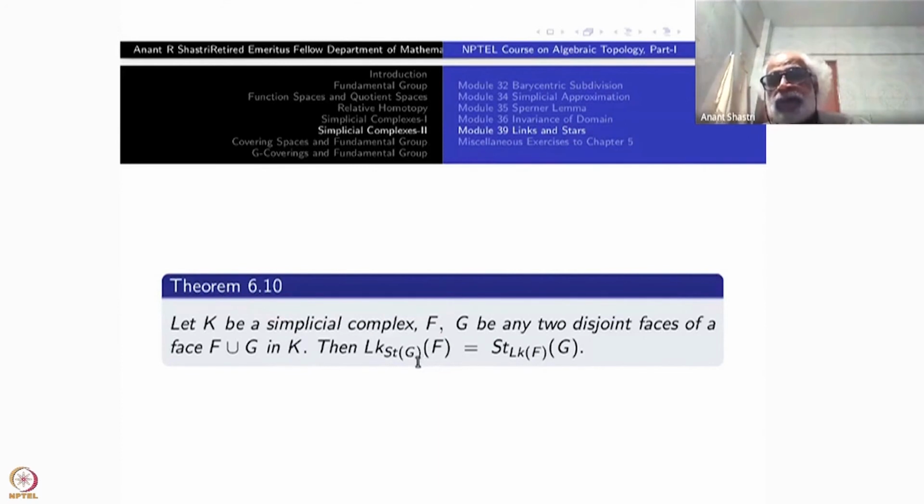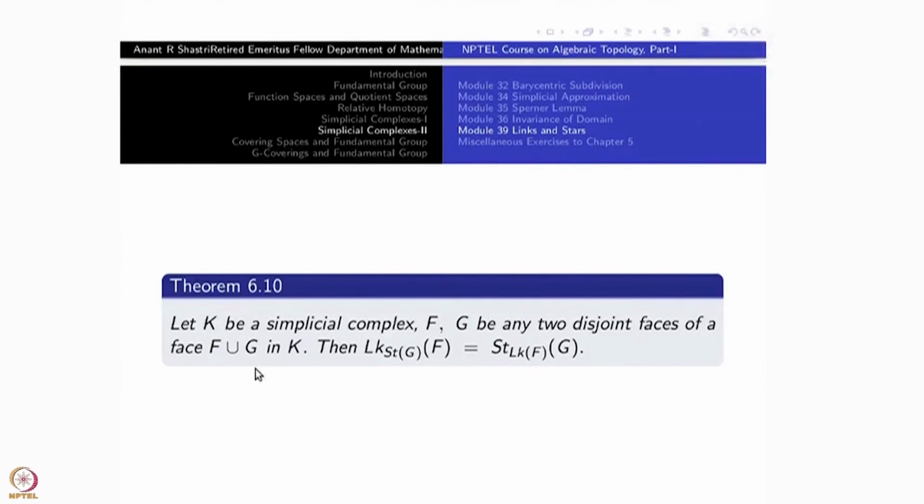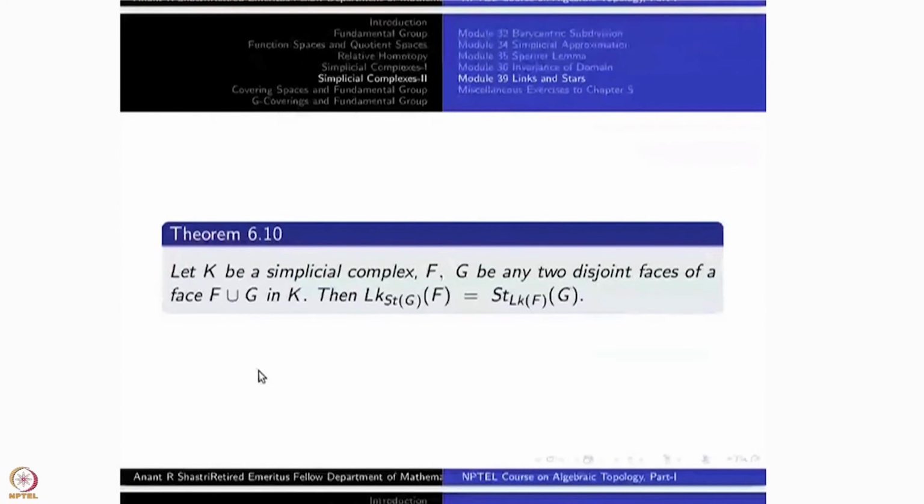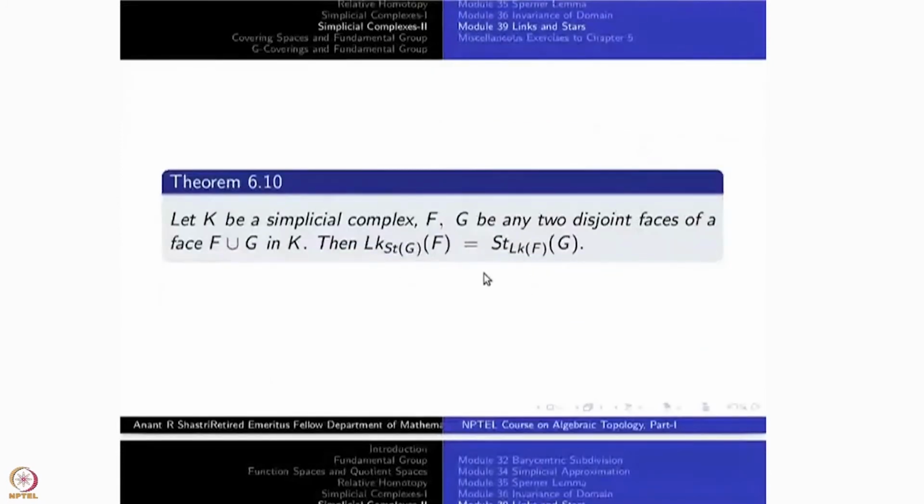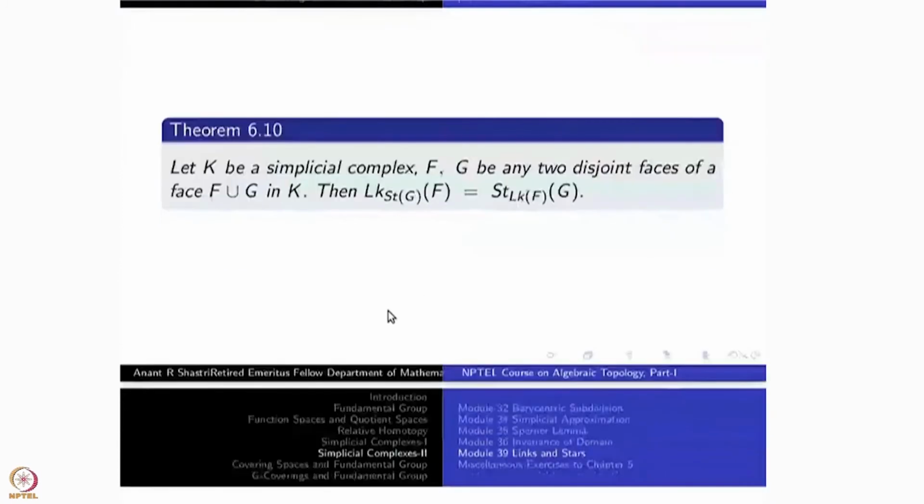Of course, F and G get interchanged. F, G, G, F. This is a purely combinatorial result. There is no topology here, it's just a combinatorial result. You have to check left hand side equals right hand side. Take a simplex here, show that it is here, and vice versa.